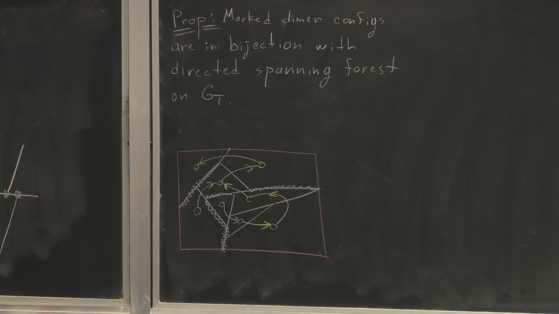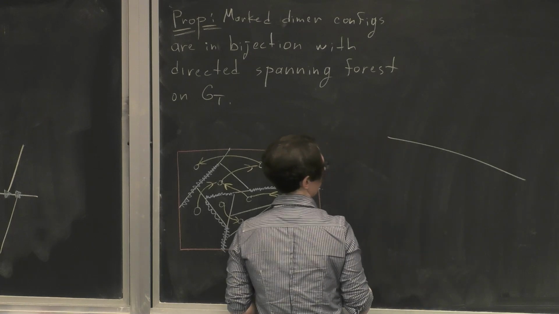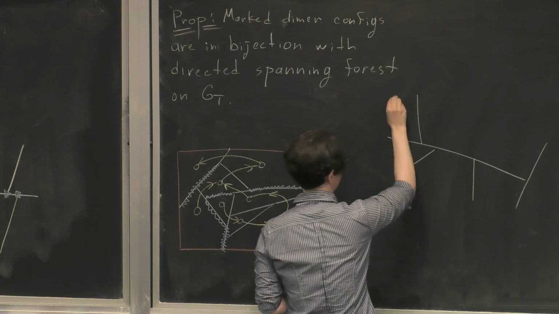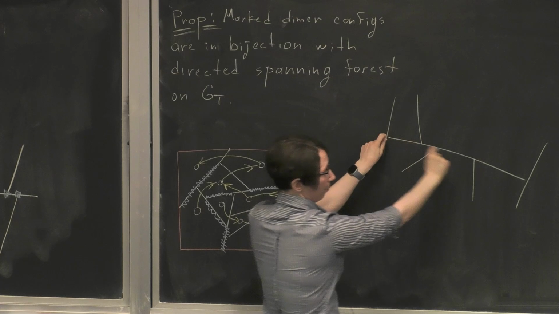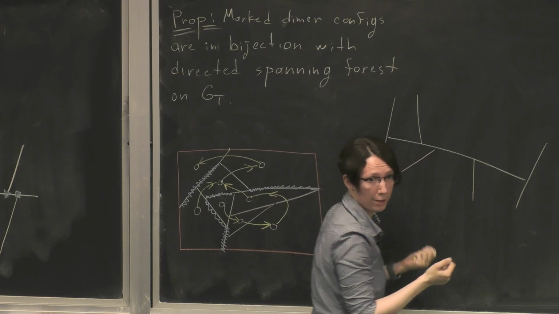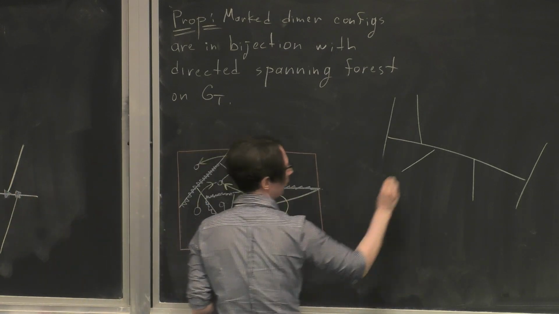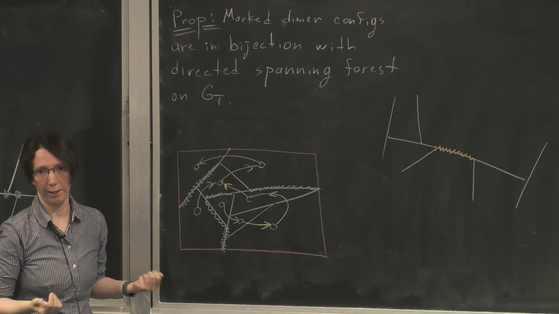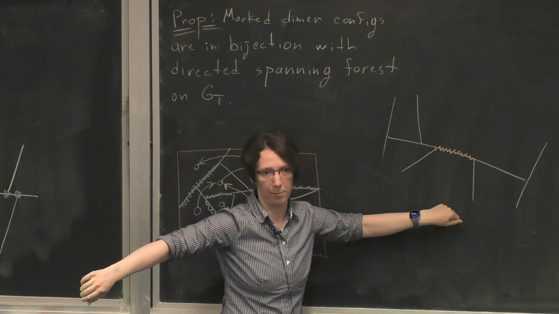Okay. But now note what happens with each complete edge. Since it corresponds to a black vertex, there is exactly one piece which is chosen on this complete edge, right? Which is a part of our marking. So for example, this one. Then I can orient all edges on this complete edge going away from this marked piece.